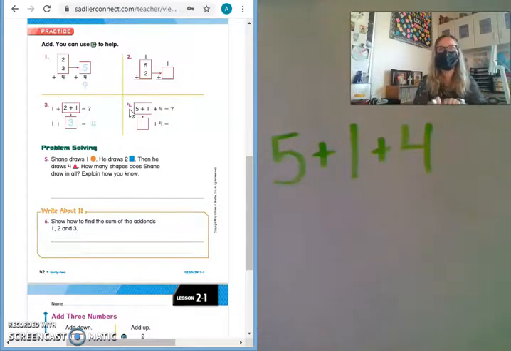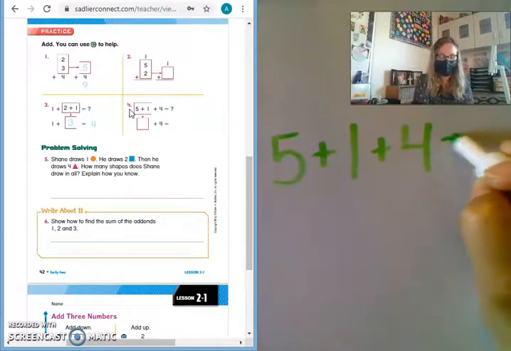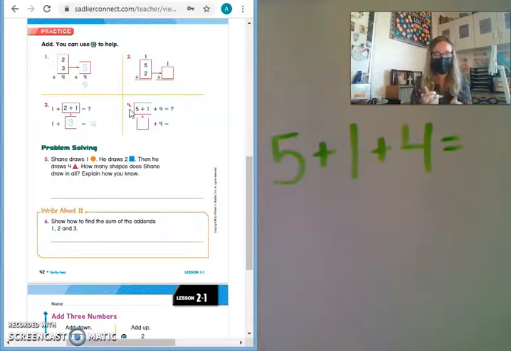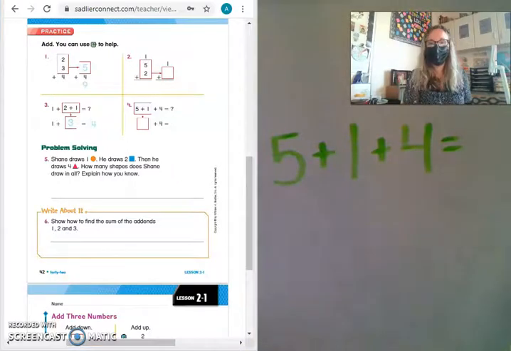Which 2 numbers did they decide to add together first, Victoria? They put a red box around them. What 2 numbers? I'm going to come over to your book for a second. Hang on. All right, so Victoria, for number 4, which 2 numbers did they add together first? 5 and 1. Excellent.